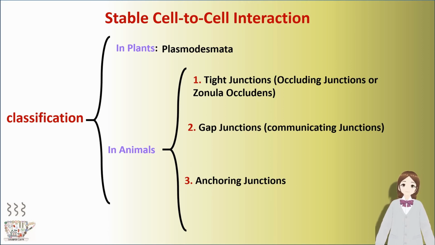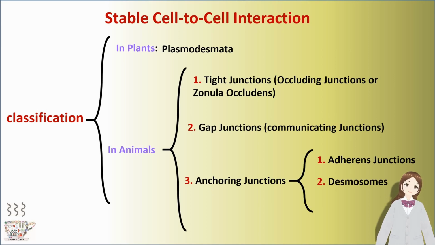Anchoring junctions can be divided into three subgroups: adhering junctions, Desmosomes, and Hemidesmosomes.